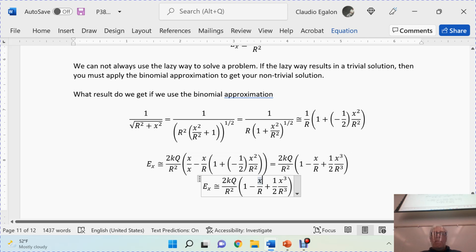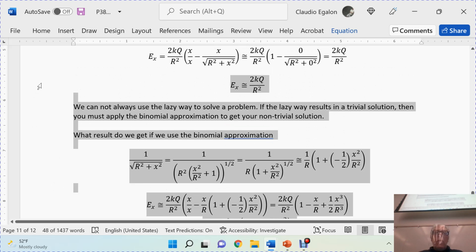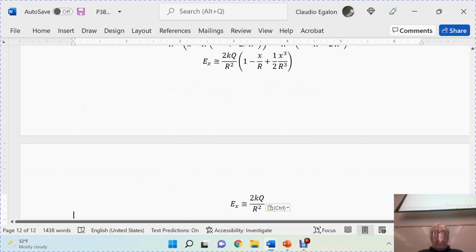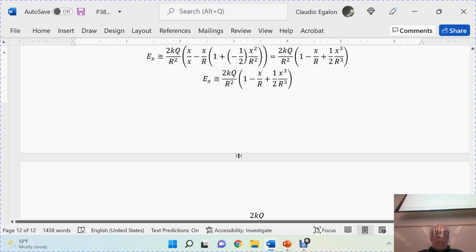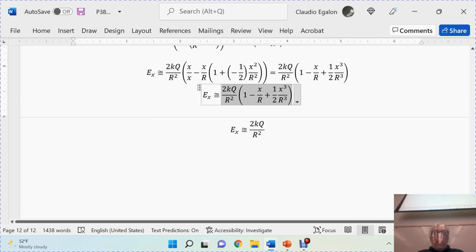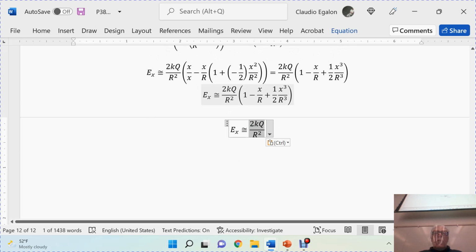Let's compare this solution with this solution here. Let's put them side by side. Okay, so what you have here is exactly this term. Let me see.